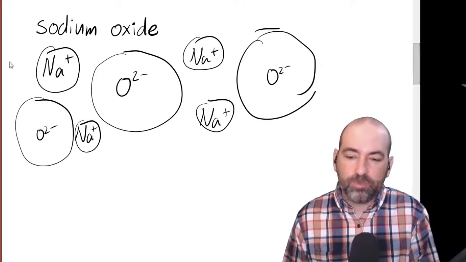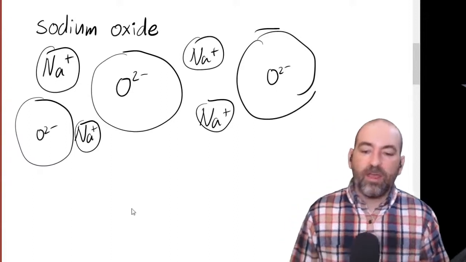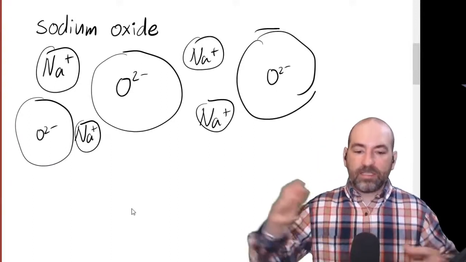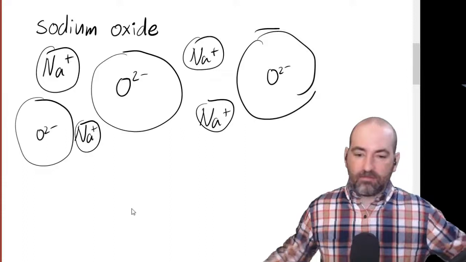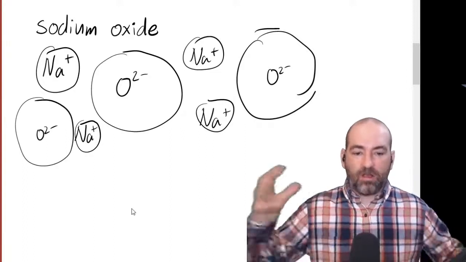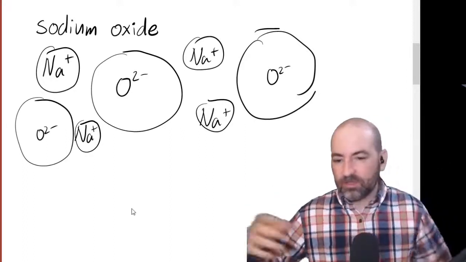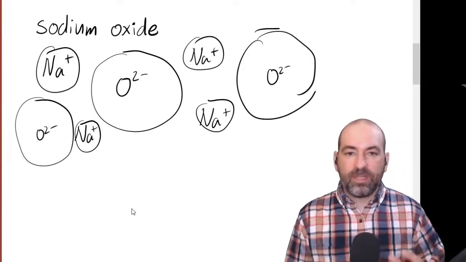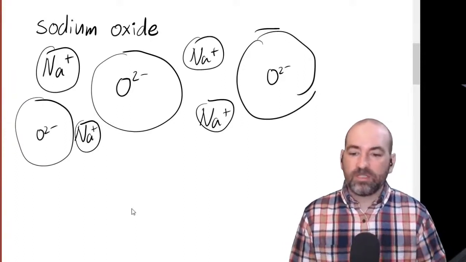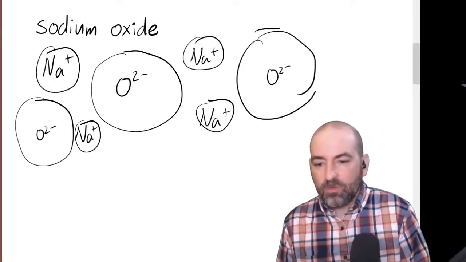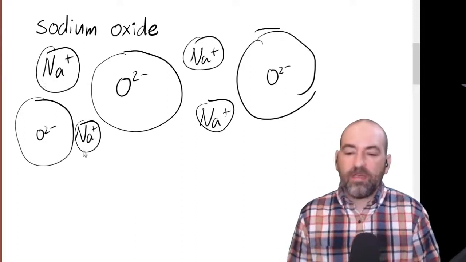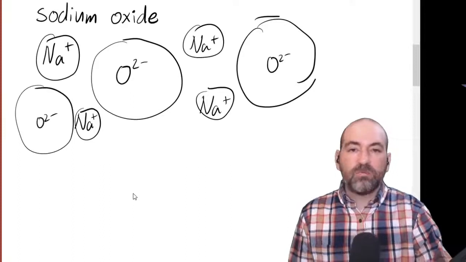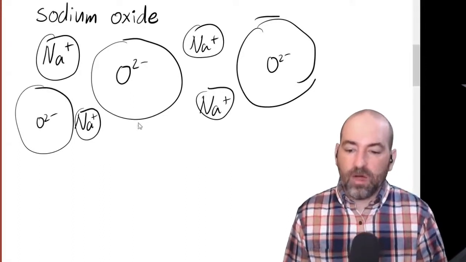All right, so how do we express a compound like sodium oxide as a formula? Because it has essentially infinite sodiums and oxides all connected together, billions and trillions of them. So how do we express that as a formula when it's not just a discrete molecule? What we do is we come up with a formula that allows us to balance the charges of the two ions.